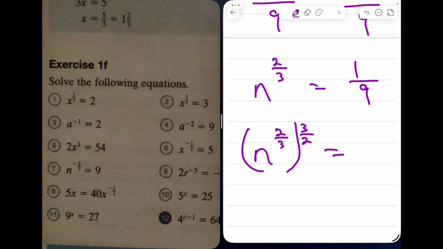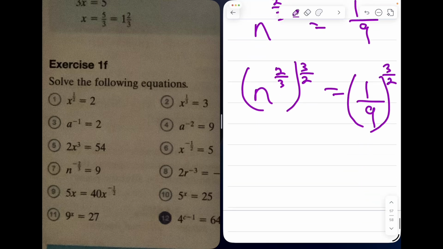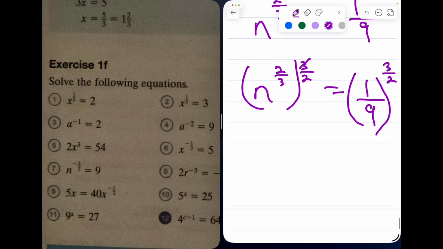So we are raising both sides to that power 3 over 2, equals 1 over 9 raised to power 3 over 2. And that simply means 3 here 1, 3 here 1, 2 here 1, 2 here 1.